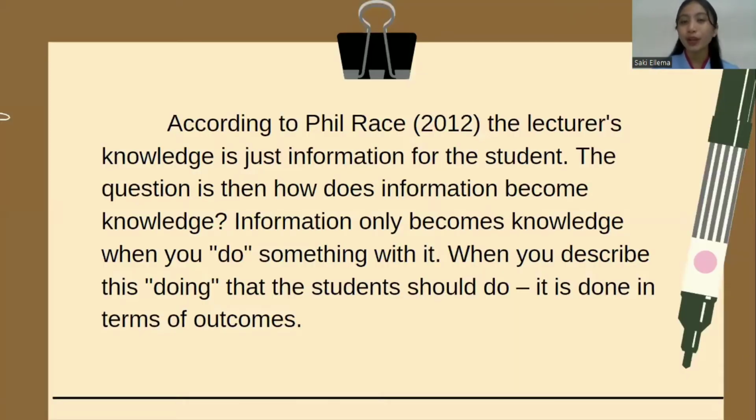According to Phil Ray's 2012, the lecturer's knowledge is just information for the students. The question is, then how does information become knowledge? Information only becomes knowledge when you do something with it. When you describe this doing that the students should do, it is done in terms of outcomes.